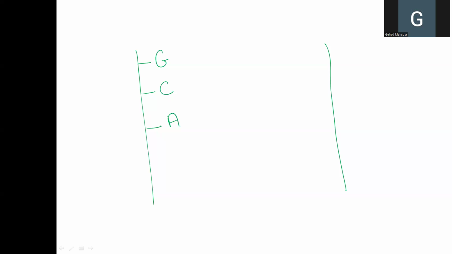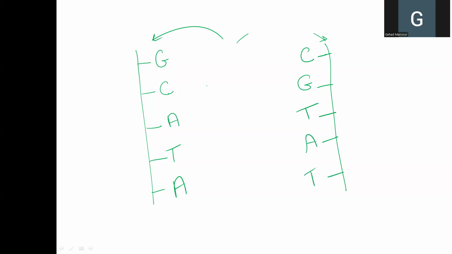And in such a case, every strand needs to form a replicate. So here, if those are the two strands that we have separated, then here there should have been C. And there, because to the left we have C, then to the right there should have been G, and here T, and here A, and here T. So those are the two strands that we have separated. How have we separated them? By breaking the hydrogen bonds.